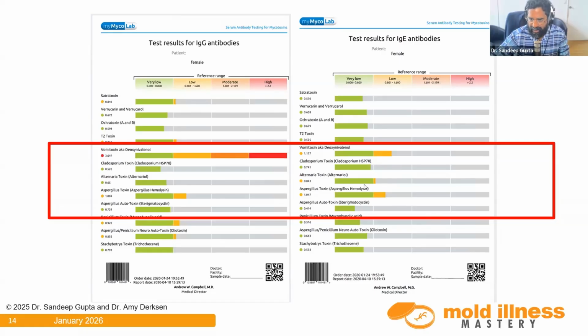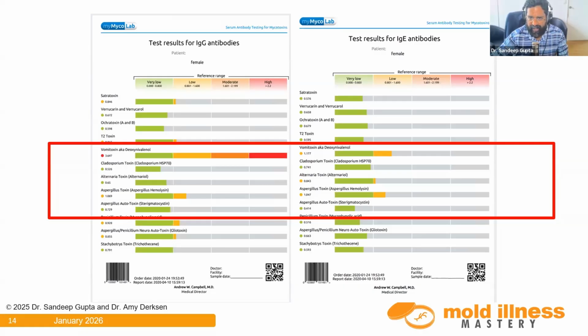So that's helpful in that there's 2 different mechanisms which are being pointed out on this test. And so that can help to direct the treatment to some degree. We will be giving like a little cheat sheet of different molds and mycotoxins and which agents, whether pharmacological or natural, seem to be most helpful for them. And this is different to the ones that have been included in various books and so on in the past.